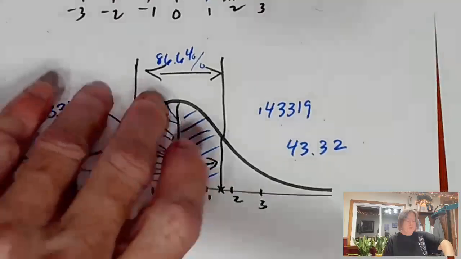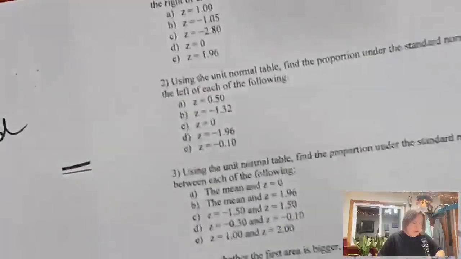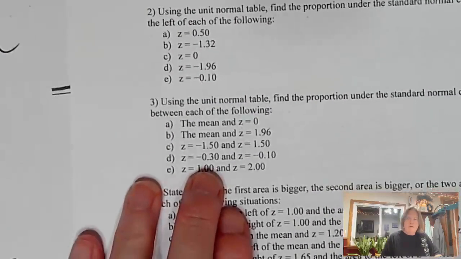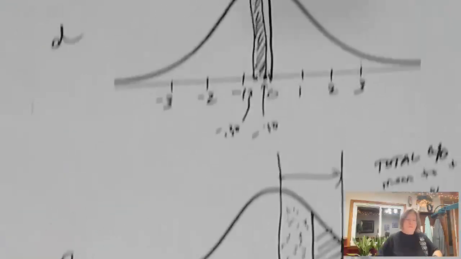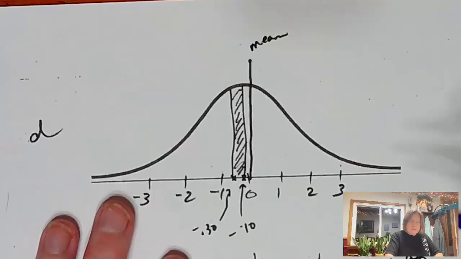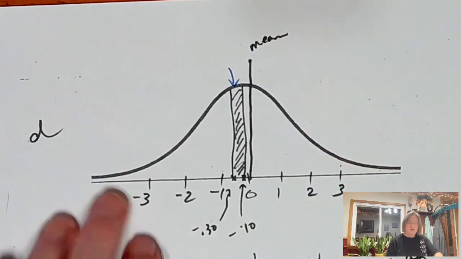All right, then D says between negative 0.30 and negative 0.10. What you're looking for in this problem is this tiny little sliver of an area here. This was a little bit more tricky.